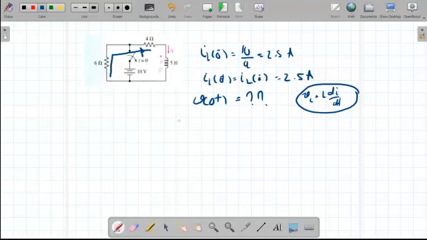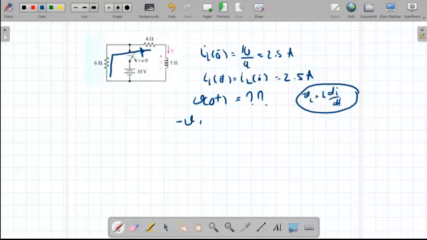KVL says that minus V, the voltage here minus V, will equal the current multiplied by the resistor.